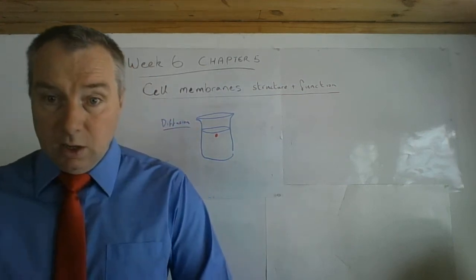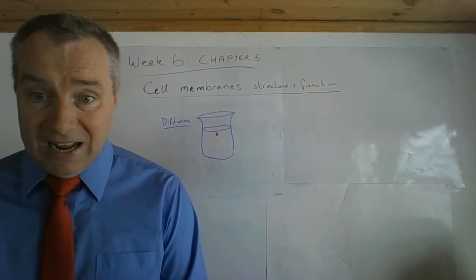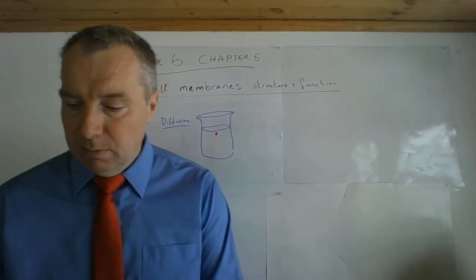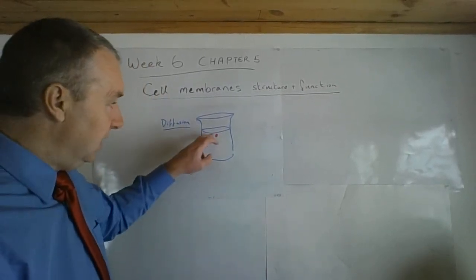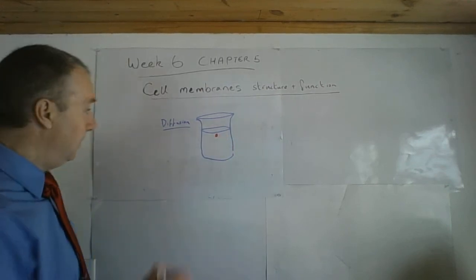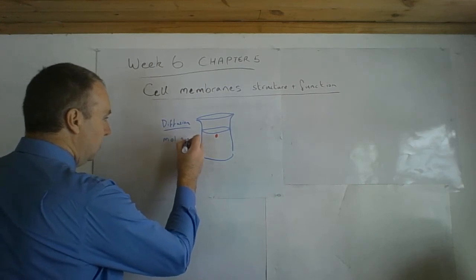Now, there are some factors that definitely affect the speed of diffusion, and one of those is molecule size. So if these molecules are smaller, they will go faster. So molecule size affects diffusion.